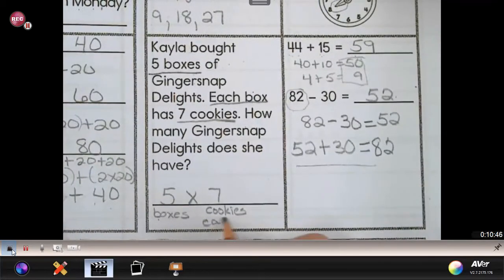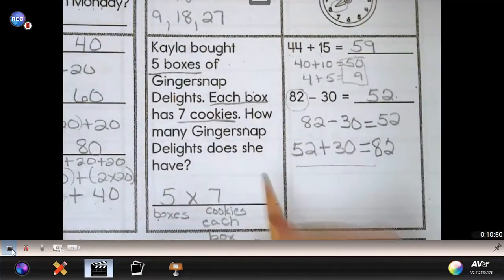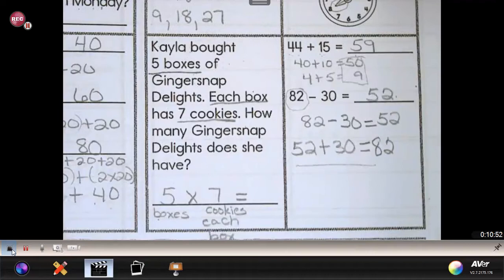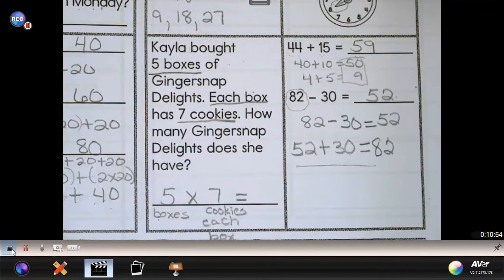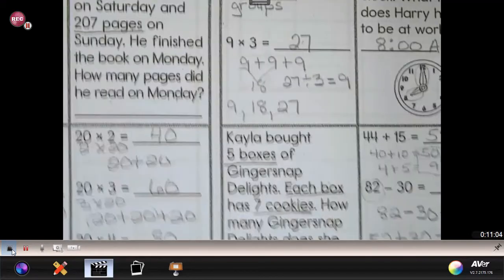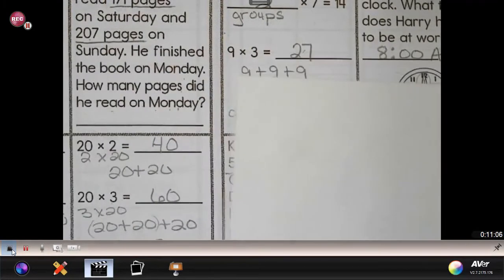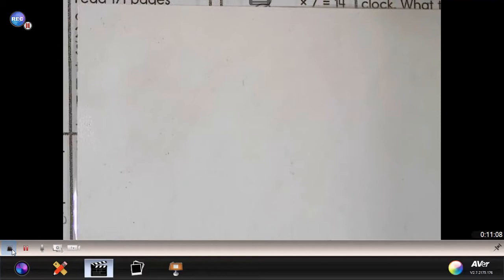And we want total cookies. Now, if we were unsure about how to find our total or our product, we could draw ourselves a bar diagram. So I'm going to model this for ourselves, and we're going to show our work here.